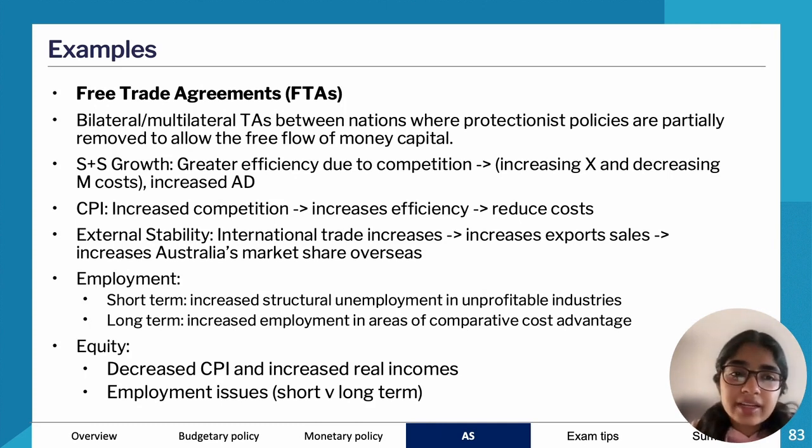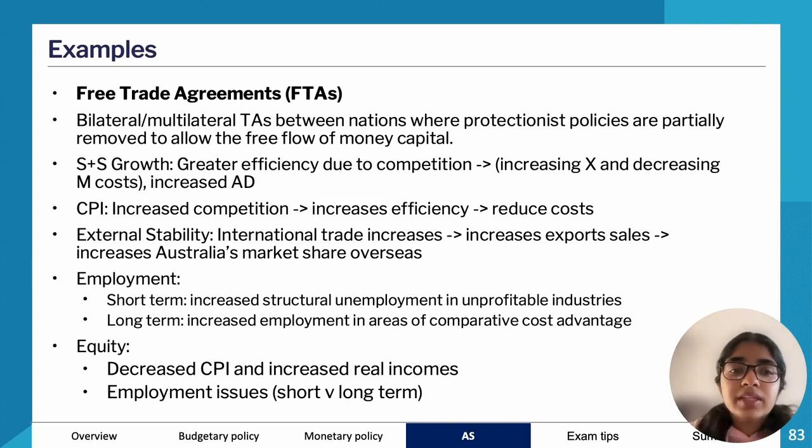Okay, so free trade agreements. That's when we're going closer to trade liberalization. So let's say we have free trade agreements. First thing that happens is the protectionist policies sort of are dismantled. So the Australian industries are exposed to overseas competition, okay?